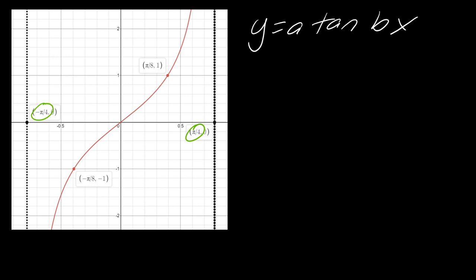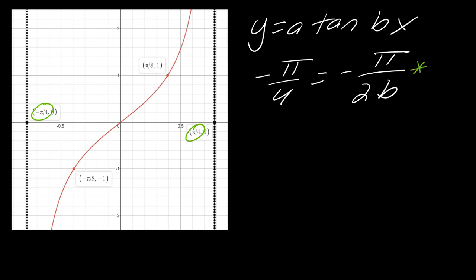Okay, so I've got negative pi over 4. Now that's got to equal negative pi over 2b. So if I reverse engineer this now, I should be able to figure out what my b is. So to figure this out, first I'll multiply both sides by b. So now I've got b times negative pi over 4 equals negative pi over 2.